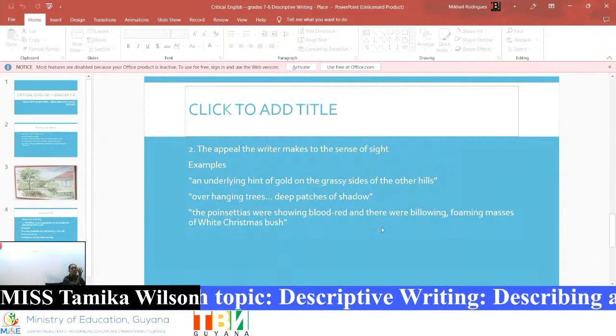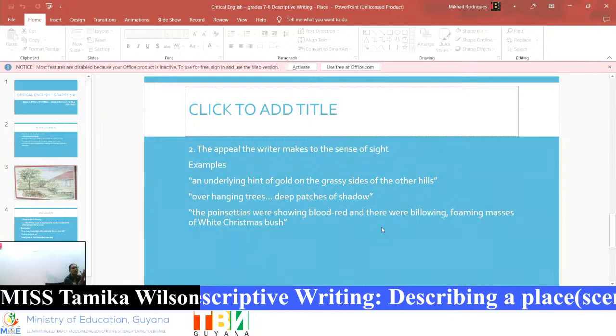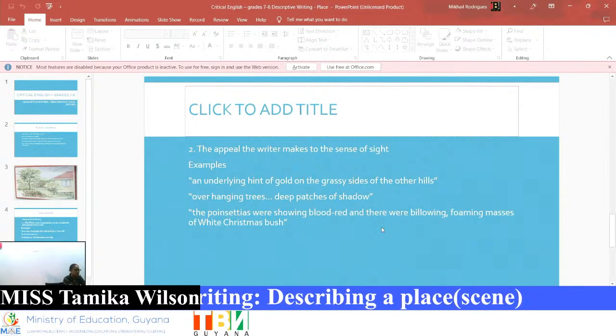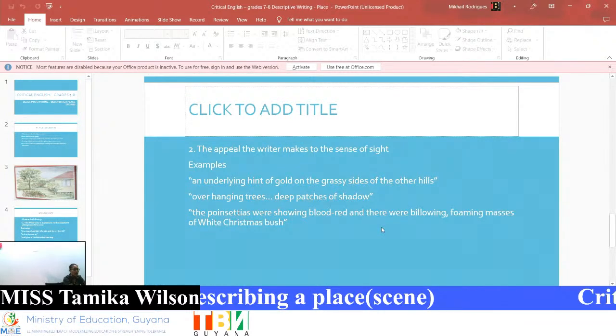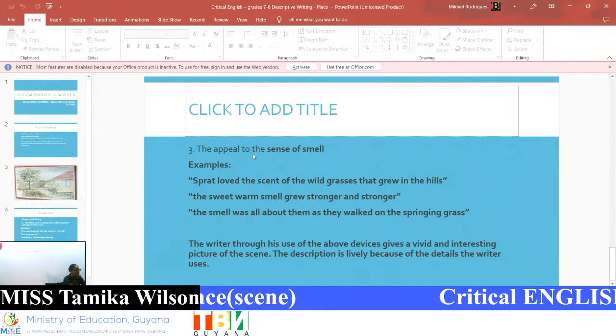These are things that we can see. So if we were to picture it, we are able to paint a picture as a result of these descriptions because of how detailed they are. And then the next thing we want to look at, the appeal to the sense of smell.